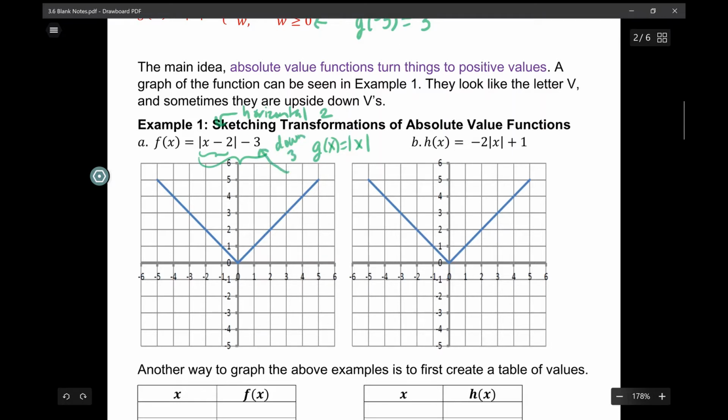So we're going to take all of this graph, and we're going to go right 2 and down 3. So if we're at 0, 0, we go right 2 and down 3, and our vertex point becomes that. Let's go to this point, right 2, down 3, and it goes to here. Let's try this one. Right 2, down 3, and that goes to here.